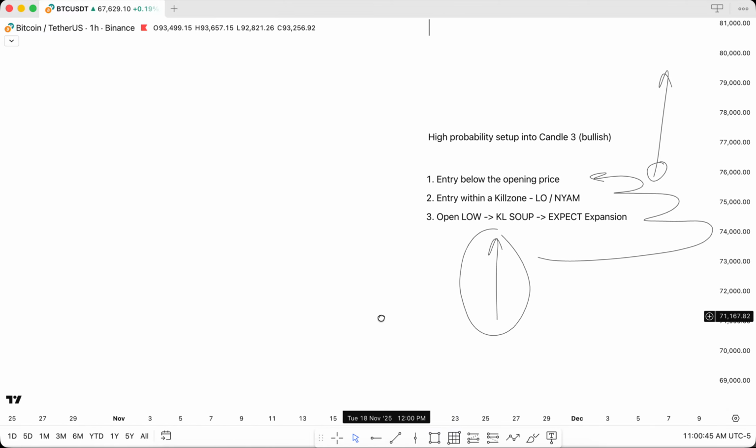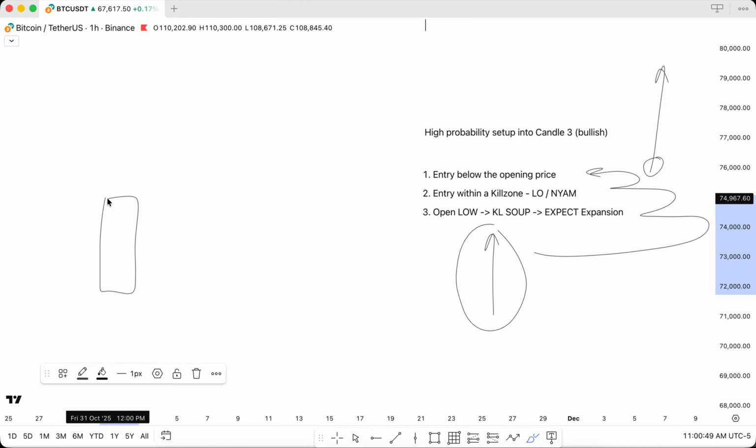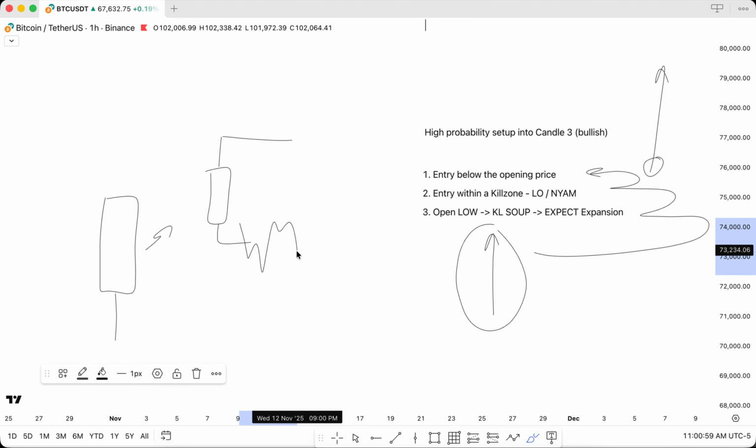Again, from the last video, the order flow thing: if the daily is already rejecting lows, the 4-hour will potentially print a retracement to then be rejected into the key level, and candle 3 is your entry.